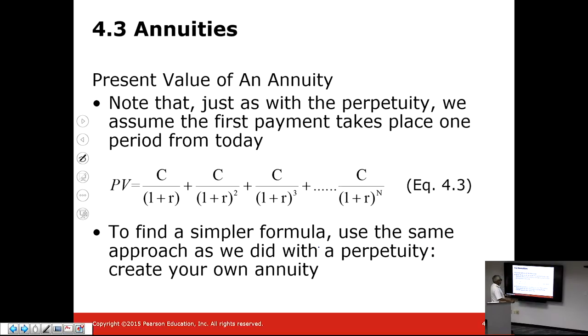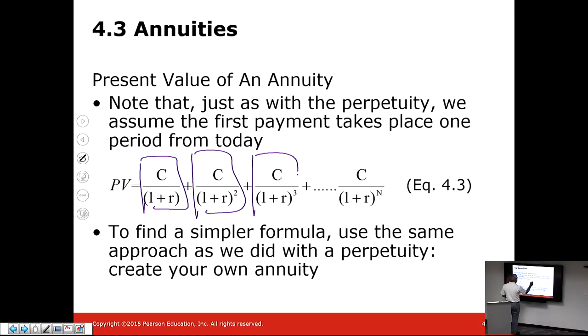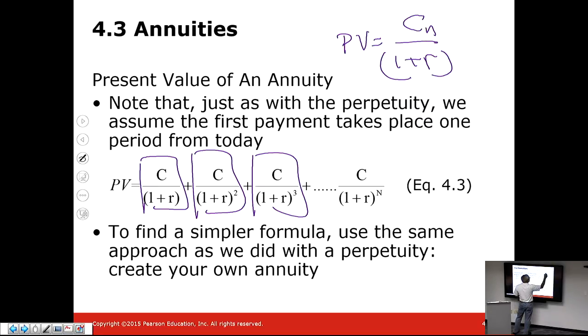So how do we calculate the present value of an annuity? Again, the same thing. We take each cash flow and calculate their present values based on the basic formula that we know, Cn divided by 1 plus R to the power n, and then we add them up.